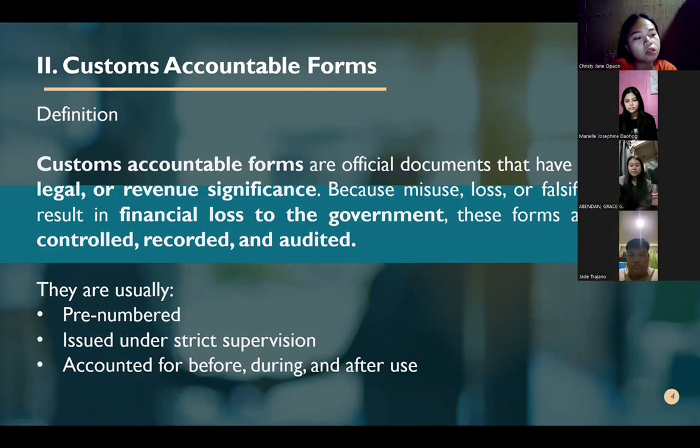So, overall, all forms are important in managing trade pero ang accountable forms is mas gikontrol jud na siya kay because they directly affect government income and legal compliance. So, mao ni sila ang nag-help para mahimong organized, fair, ug safe ang international trade.